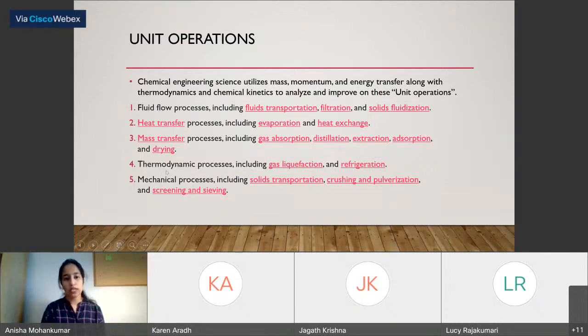Thermodynamic processes are also under unit operations, like gas liquefaction and refrigeration, and also some mechanical processes like screening and sieving. I hope you understand sieving. Sieving is just like the filtration of solid particles, so that you get finer particles for your processes.